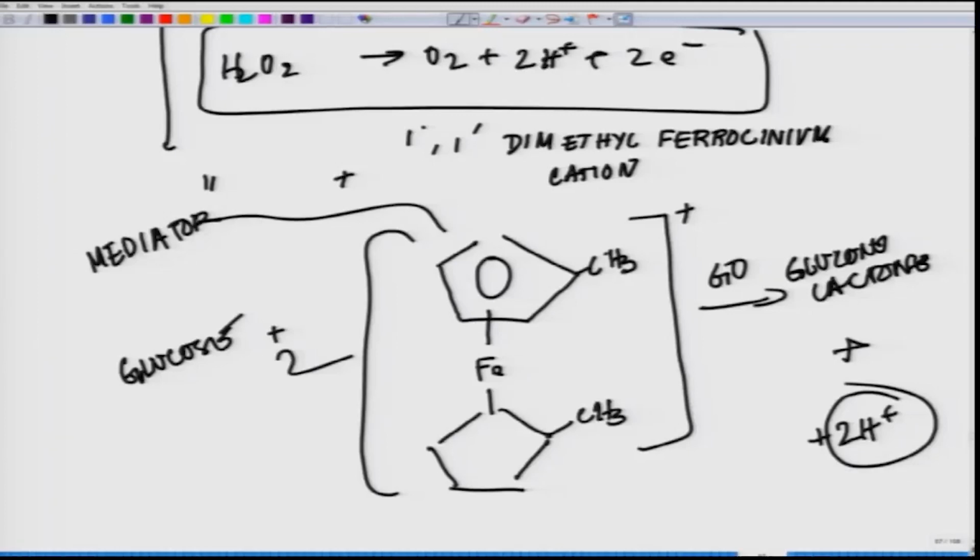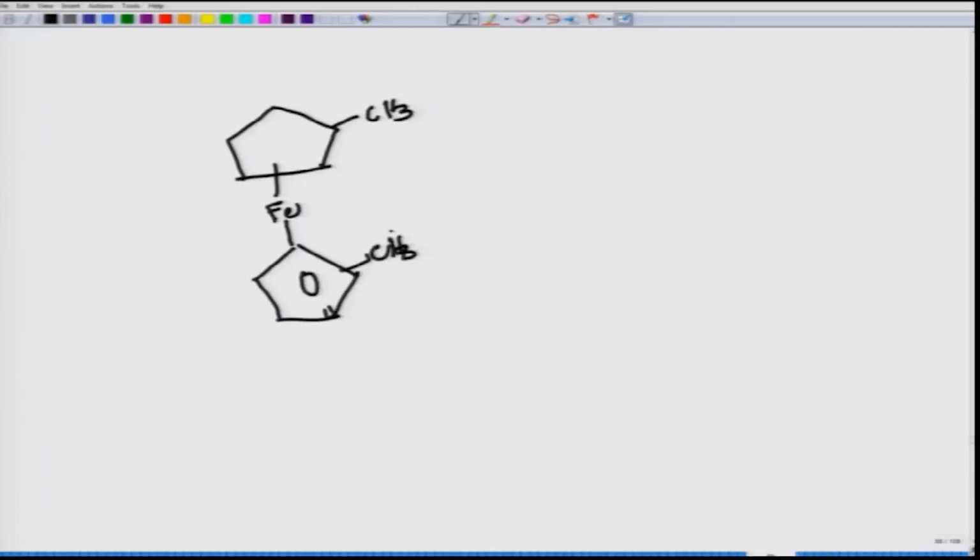The mediator consumed in the reaction is then regenerated at the working electrode. So, what is happening is that at the working electrode, the 1,1' dimethylferrocene, which is produced, is being liberated.